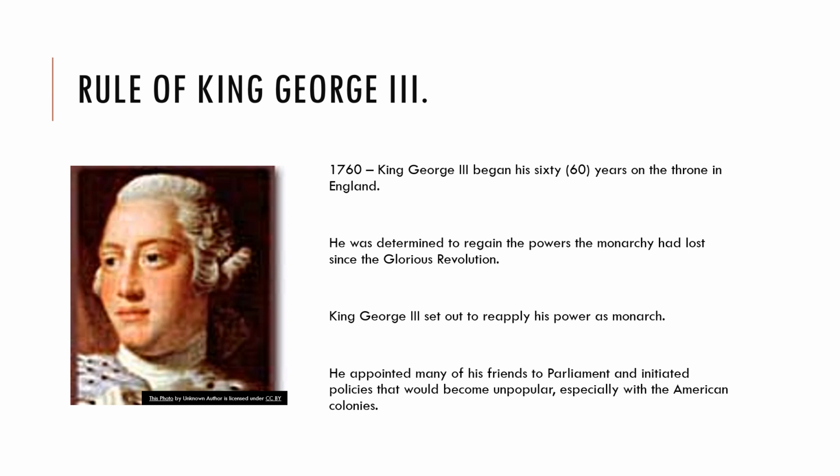But he also appointed many of his friends to Parliament and initiated policies that would become very unpopular, especially with the American colonies, and eventually the decisions that he and his supporters make will cost Great Britain the colonies as well.